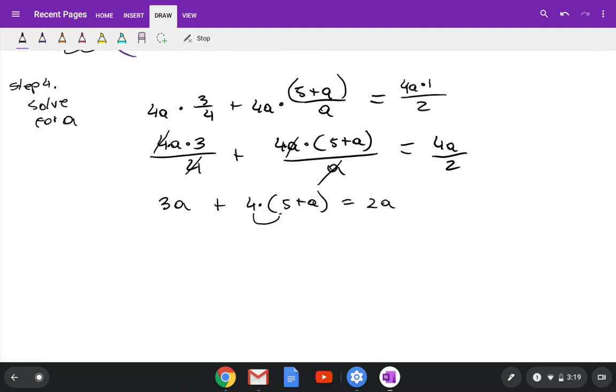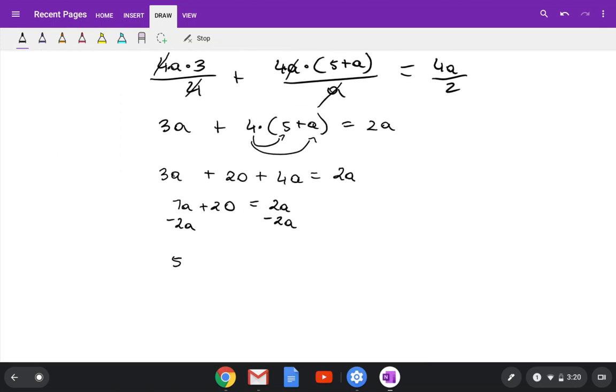Next, we're going to distribute 4 to both. So we're having 3A plus 4 times 5, which is 20, plus 4A equal 2 times A. So we're having 7A plus 20 equal 2A. Let's subtract 2A from both sides.